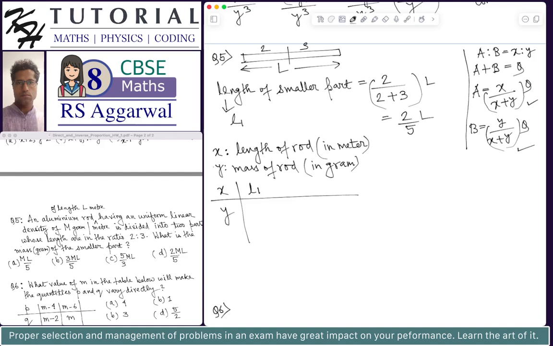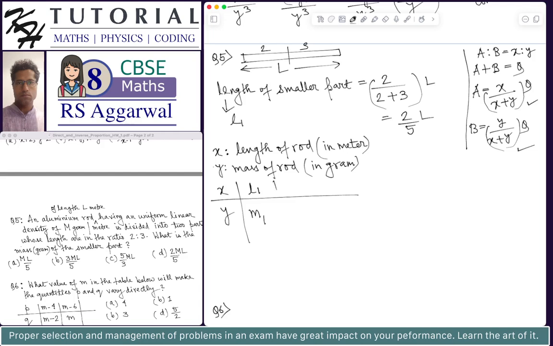So let's say L1 is the length of the smaller part of the rod, which we have already calculated to be 2 by 5 capital L based on the ratio and proportion, and let's say M1 is the mass of the smaller part of the rod, that is M1 is the mass of the rod which is of length small l1.